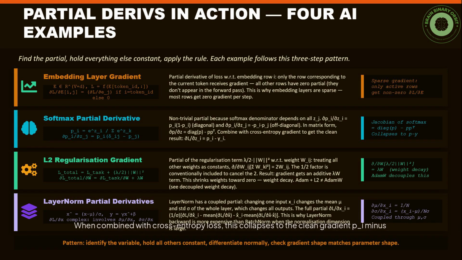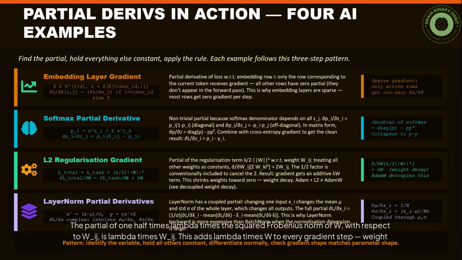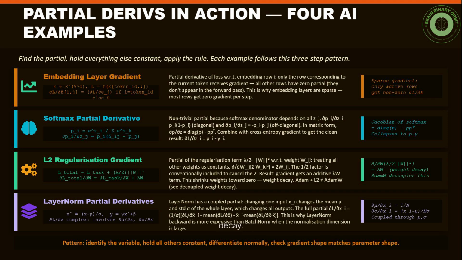When combined with cross-entropy loss, this collapses to the clean gradient p_i minus y_i. 3. L2 regularization. The partial of 1/2 times lambda times the squared Frobenius norm of W, with respect to W_ij, is lambda times W_ij. This adds lambda times W to every gradient step: weight decay.